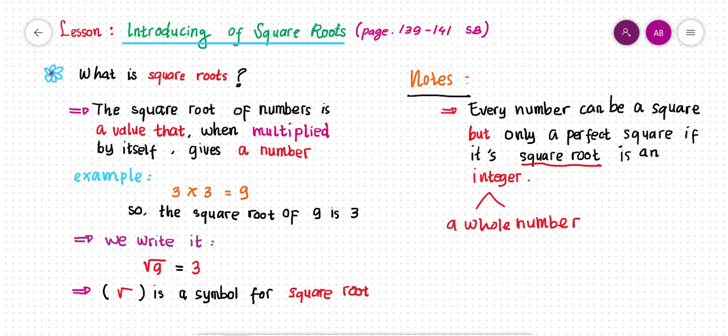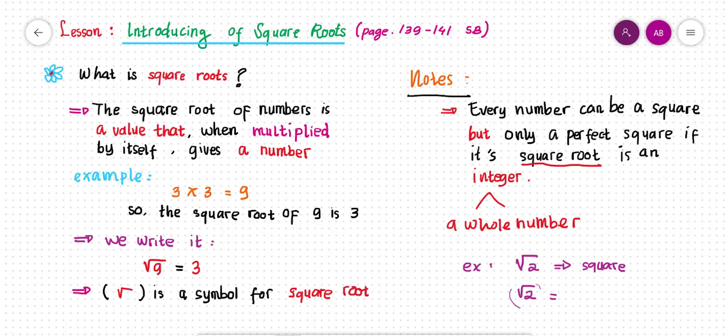So if you see the example about this, for example, 2 can be a square. Yes, sayang, 2 can be a square. But it's not a perfect square. Why is it not? Because if you find the square root of 2, there's no number that can actually give the whole number 2, everyone.